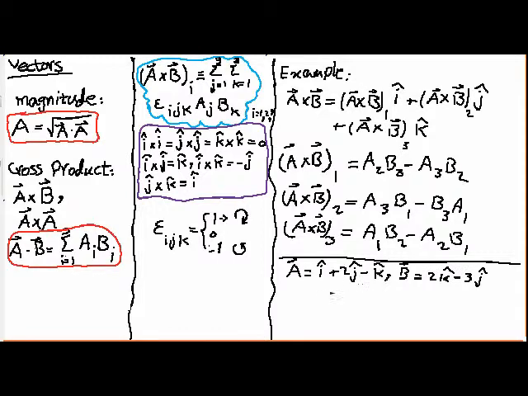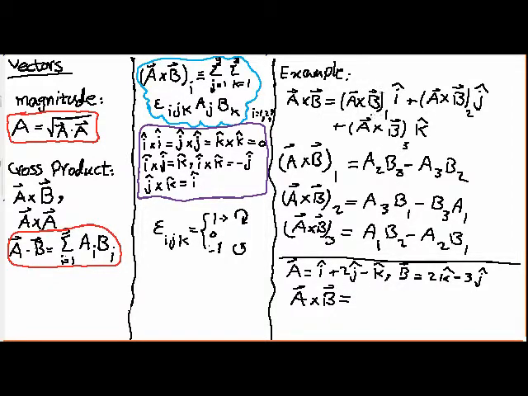So now A1 is 1, A2 is 2, and A3 is minus 1, B1 is 0, B2 is minus 3, and B3 is 2.